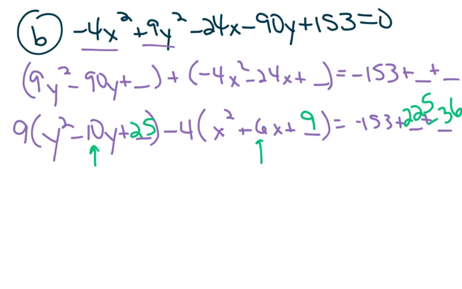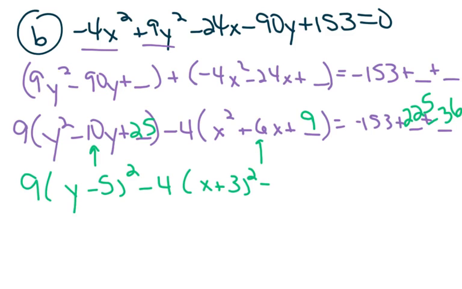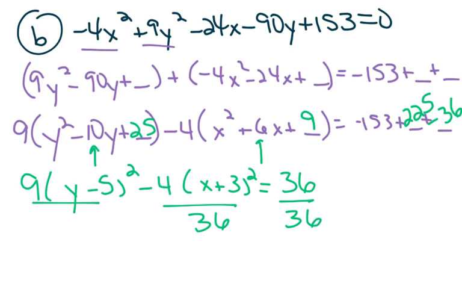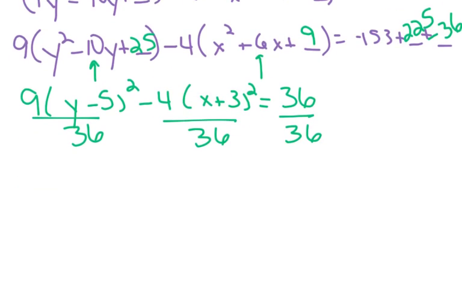So now I've got 9 times y minus 5 squared minus 4 times x plus 3 squared is equal to 36. And then I'm going to divide everything by 36 to put it in the form I want it to be in, which is y minus 5 squared over 4 minus x plus 3 squared over 9 equals 1.